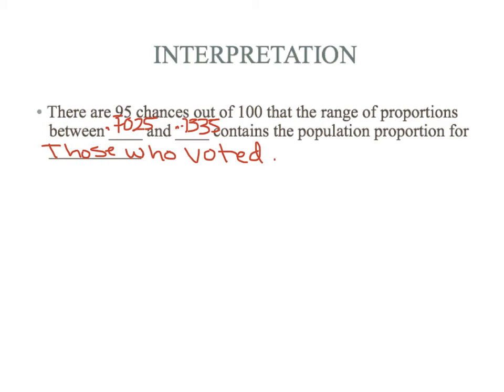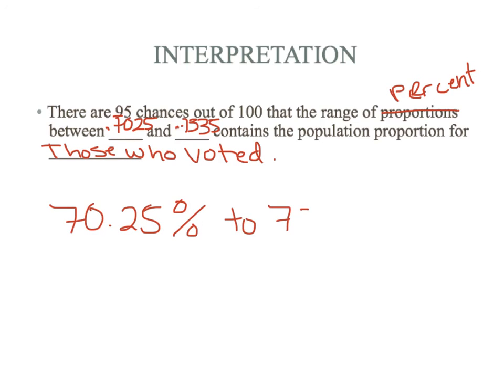Now, if it's easier, you can also think of these proportions as percentages. So we can change this from proportion to percentage, and then just multiply each of these by 100, and you'd have 70.25% to 73.35%.